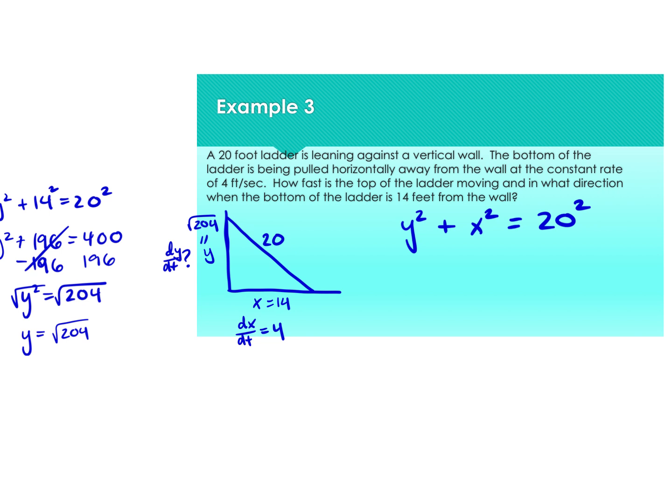But what is changing is our y and our x. Because we're looking for dy over dt, and we have a dx over dt, those are changing. So I need to leave those as variables in my equation, and I'm going to take the derivative of this. So the derivative of y squared would be 2y dy over dt. The derivative of x squared would be 2x dx over dt. What's the derivative of 400? 0. Perfect.